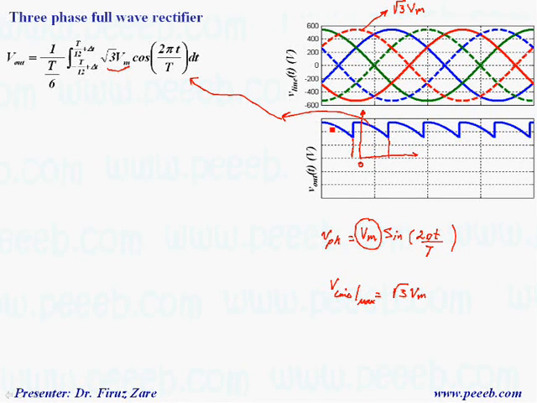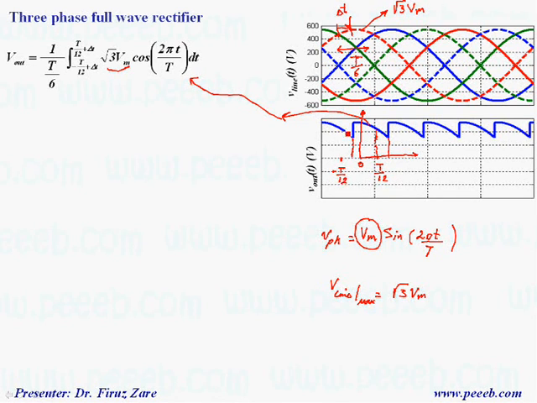Suppose the firing time is delta t. Because each interval in a 3-phase full wave rectifier is T over 6, half of this one is placed here, which is T over 12, and the other half is placed here, minus T over 12.